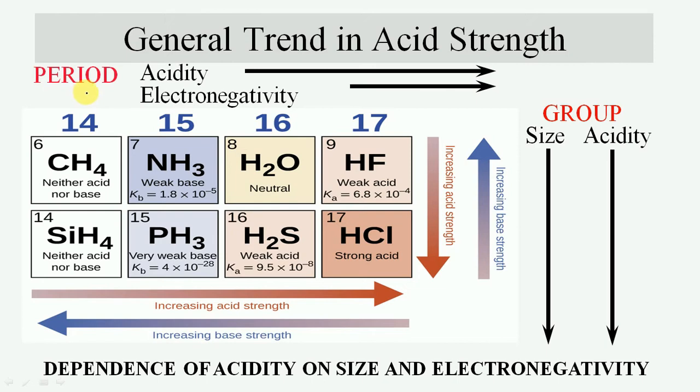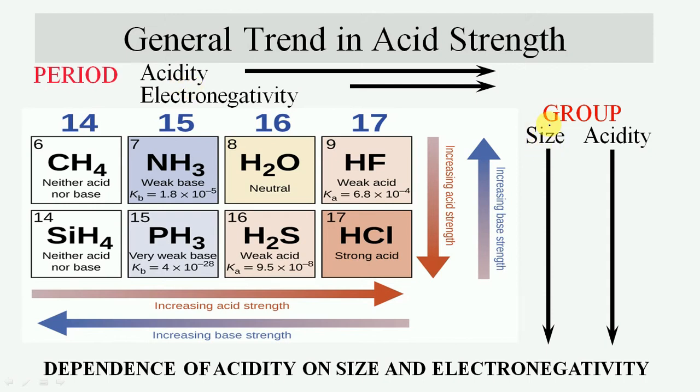So we can say that when we move from left to right in a period, the electronegativity of the central atom increases and the acidity will also increase.